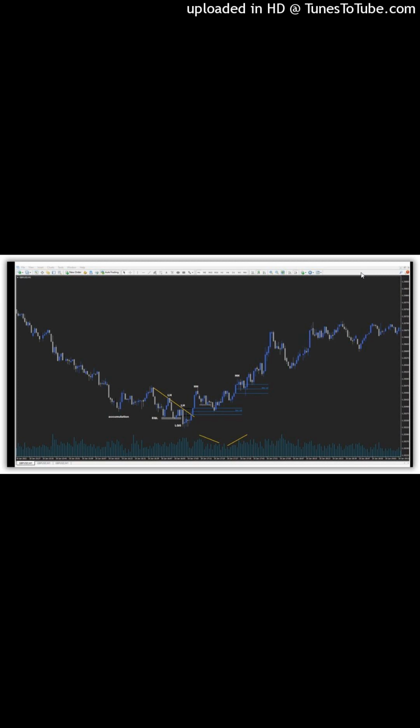To make it easier, I drew the short trend line, and what I am looking for is to measure with the 50% retracement the candle which caused the break of the supply and break of this structure.